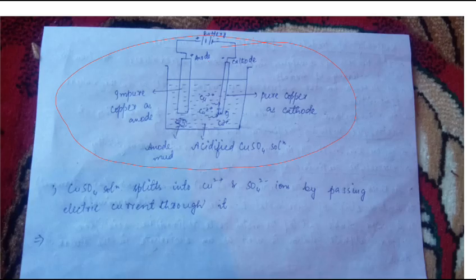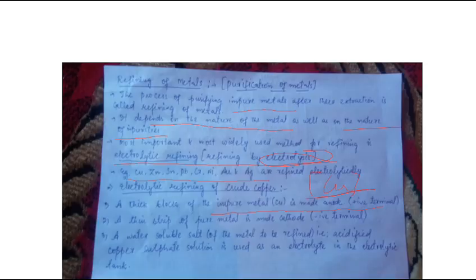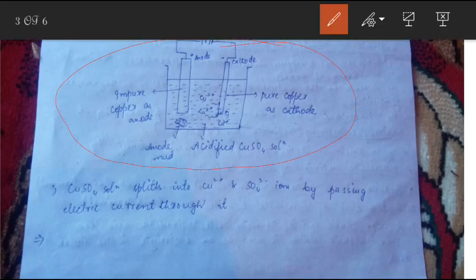You will see here, this is impure metal and it is made anode. Number second, pure metal is made cathode. Both are the same, copper.